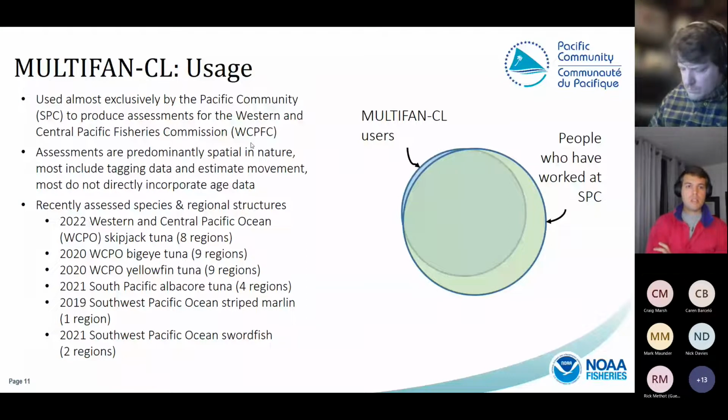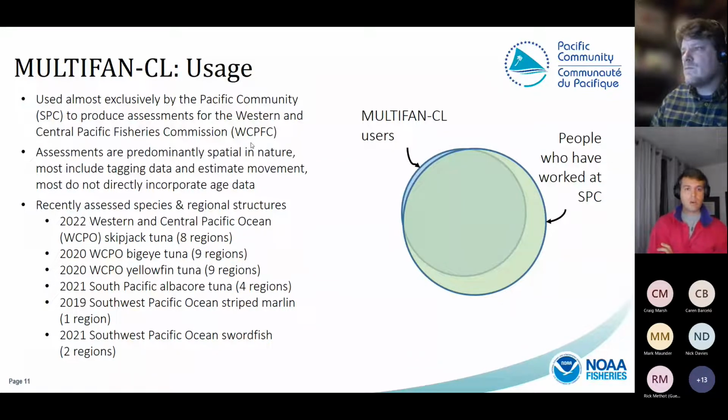Some of the recently assessed species and regional structures: there's the WCPO skipjack, which was assessed this year, with 8 regions. And then bigeye and yellowfin tuna in 2020 had a 9-region model.